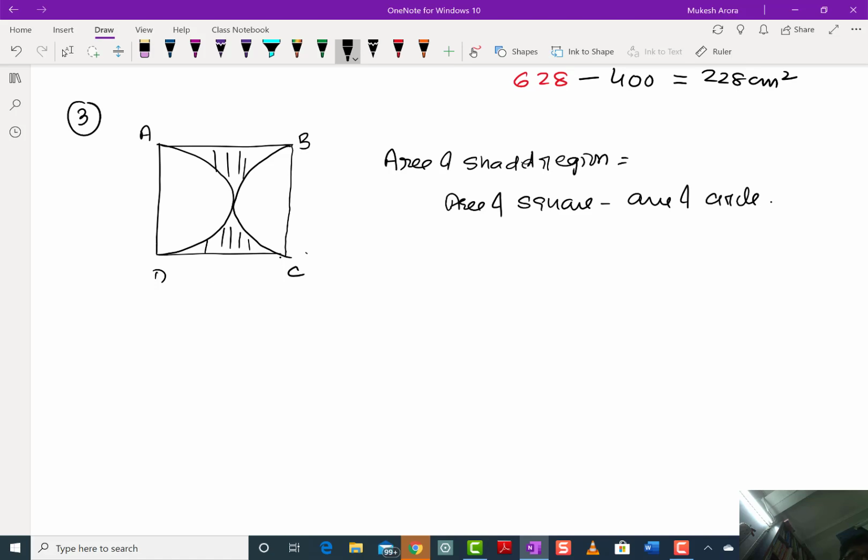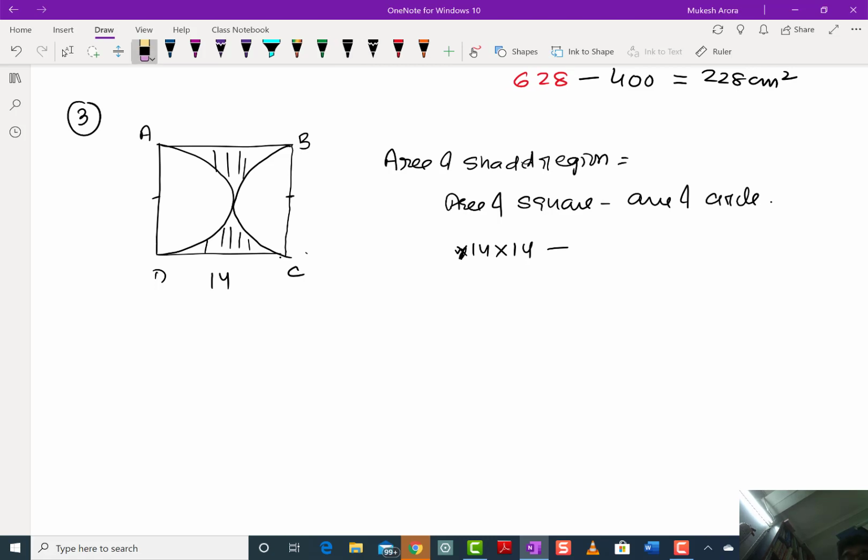Side of the square is given 14. Area of square is 14 into 14. Area of circle is pi r square.